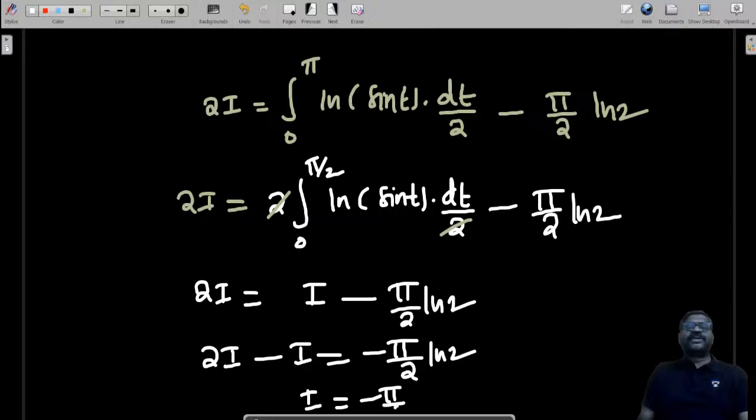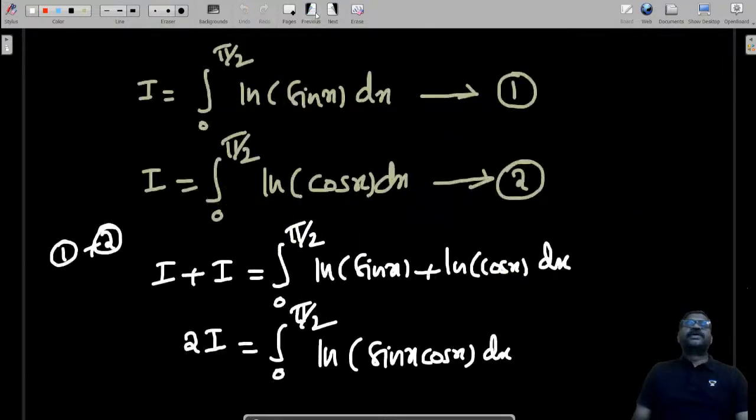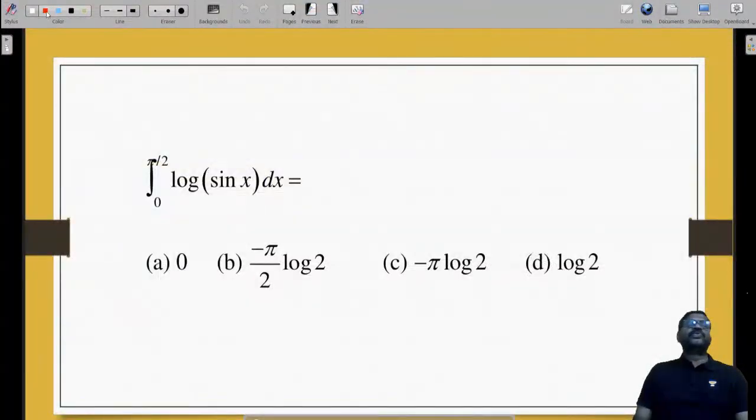Finally, the value of integral is minus pi by 2 log 2. Understood? So finally the value of integral is minus pi by 2 log 2.